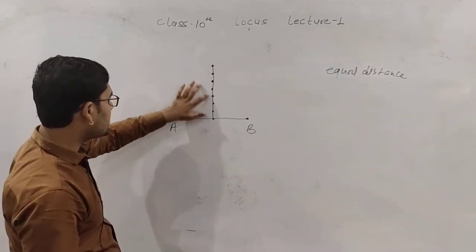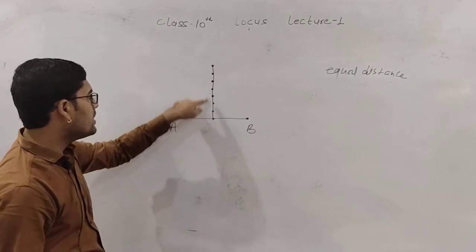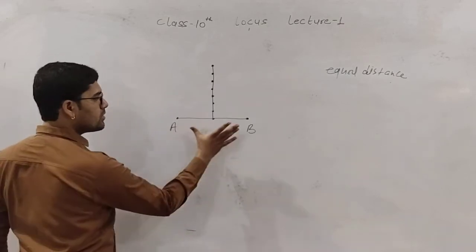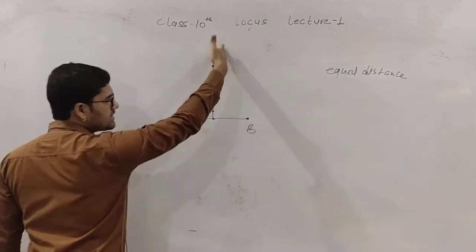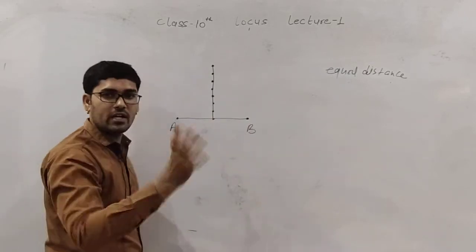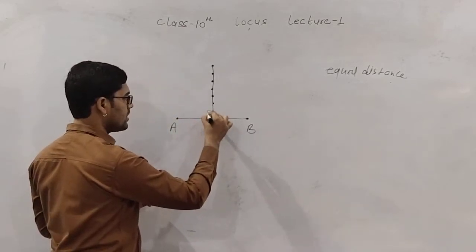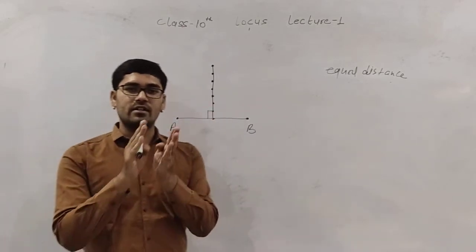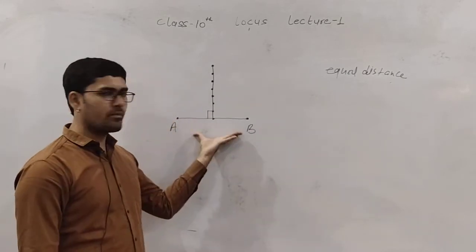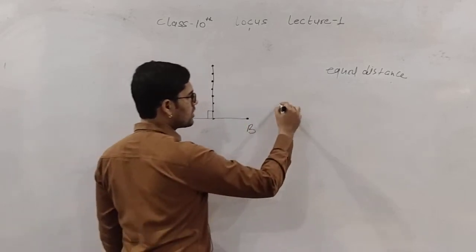If I connect all these points, we get a line which divides AB into 2 equal parts. Suppose AB was 10 centimeter, when this line cuts it, it becomes 5 and 5. Perpendicular means it is 90 degrees. Bisector means it divides it into 2 equal parts. So what is the locus?